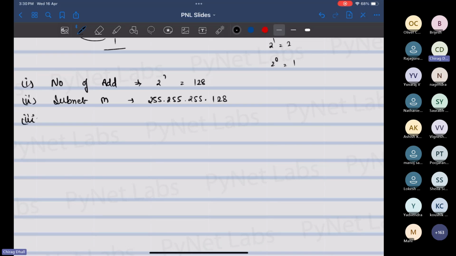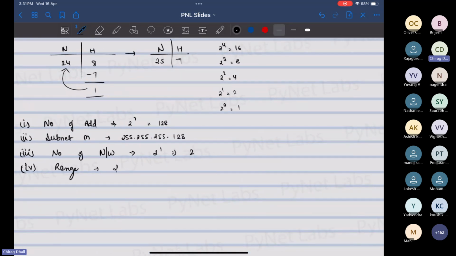Third thing is calculating the number of networks. How many bits are borrowed this time? 1 bit. So 2 raised to the power 1, 2. That means there will be only two parts. Finally, the range. I'll have to begin from 210.2.0 and I have to count 128 addresses.